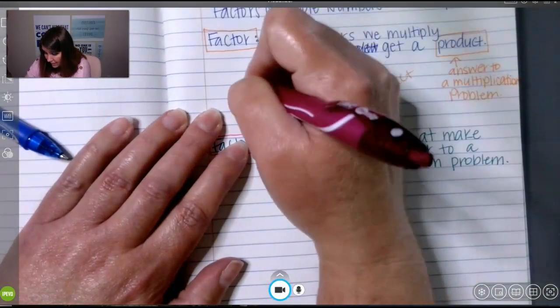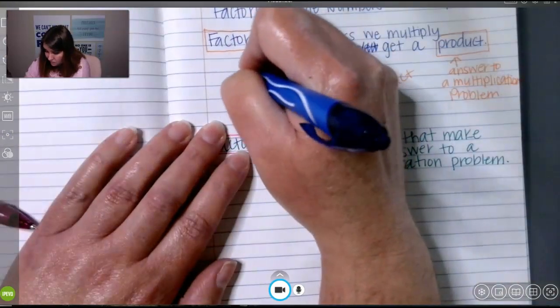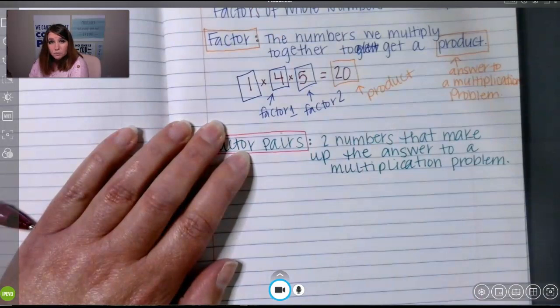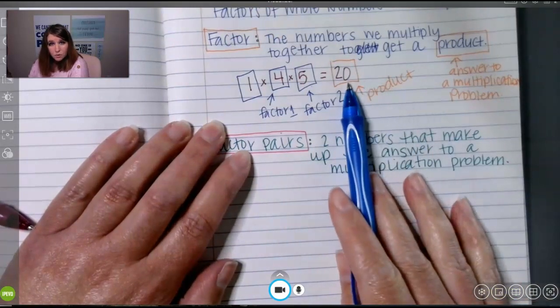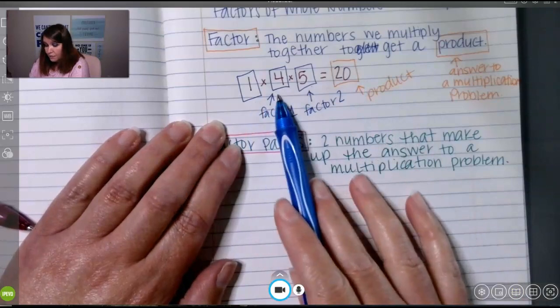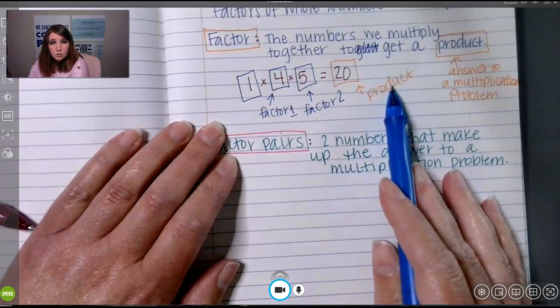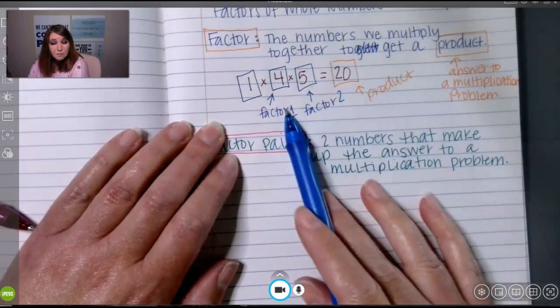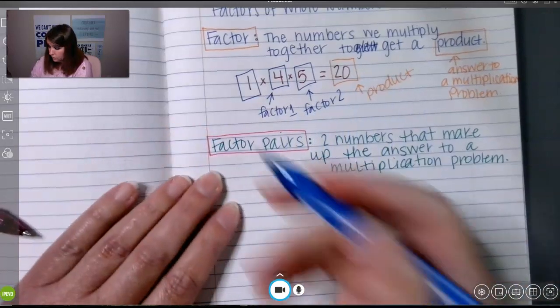If I wanted to go like this, times 1, I just multiplied on another factor. It didn't change the outcome or the product, but now I have 3 factors that I'm multiplying together in order to get to the product. Doesn't matter how many as long as it equals the total.